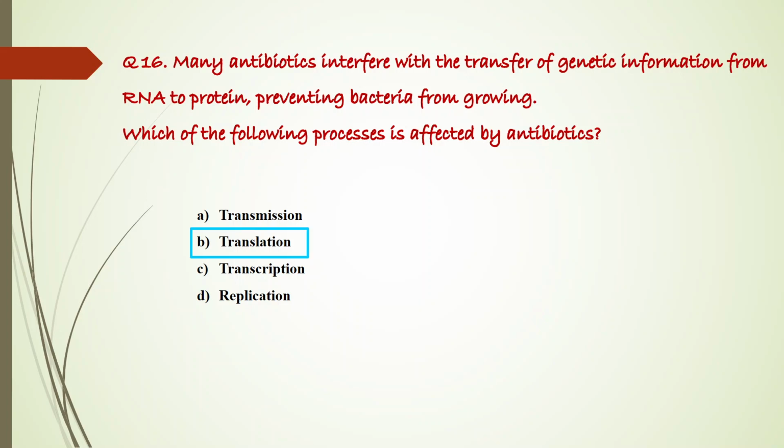Okay. So yes, the correct option for this will be option B. Obviously, because for bacteria to grow, you have to transfer the information, because whenever you are trying to replicate, bacteria will try to replicate themselves. To replicate, you will always need to know the information that is in the gene.